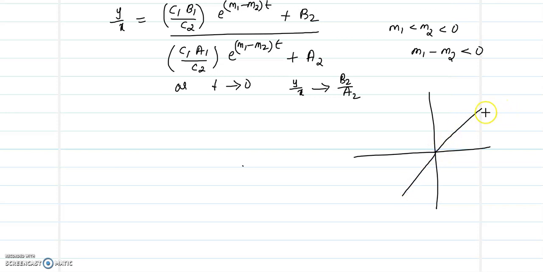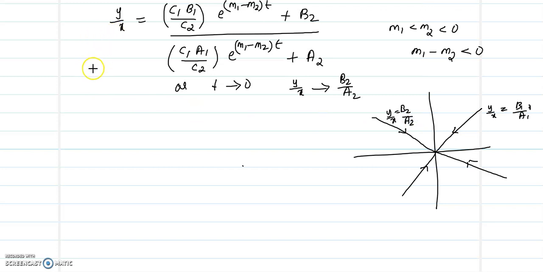This one was y by x equal to b1 by a1, and these half lines are approaching and entering the origin, and this was the line which we took as y by x equal to b2 by a2.